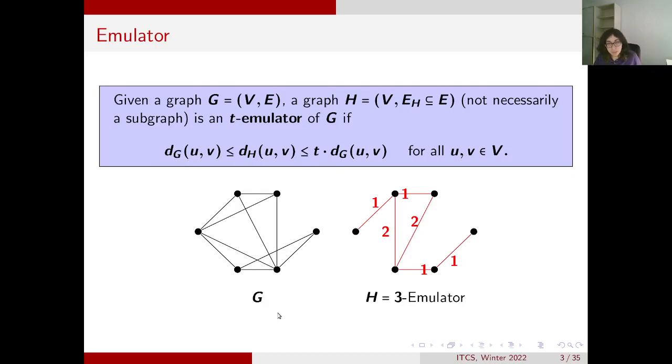So for example, here we are given a graph G, and here we have a 3-emulator of G. Note that even if G is unweighted, the emulator often needs to be weighted. And now H contains some edges that don't exist in G. It's easy to verify that between any pair of nodes, there's a path that is at most 3 times the distance between the endpoints in G.